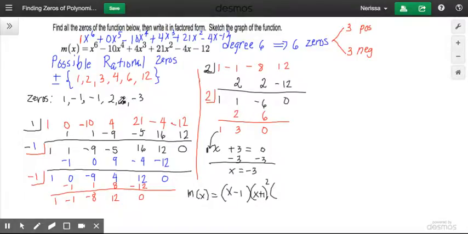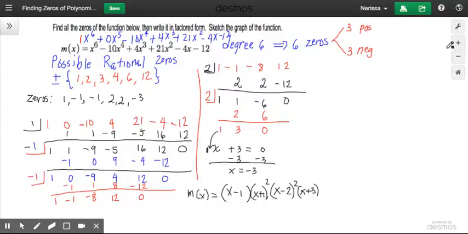Then 2 is a 0 again, so x minus 2. And then there's 2 of them, so squared. And then the last 0, negative 3. The factor should be x minus negative 3 or x plus 3. So this is m of x in factored form. This is m of x in standard form.